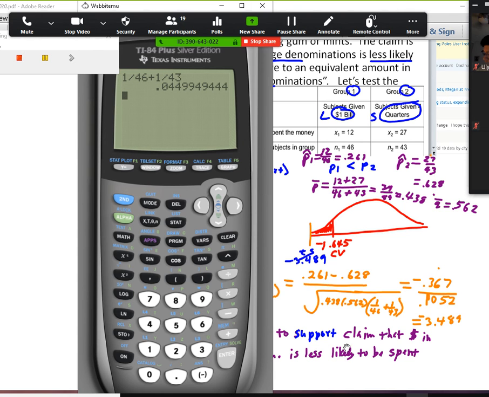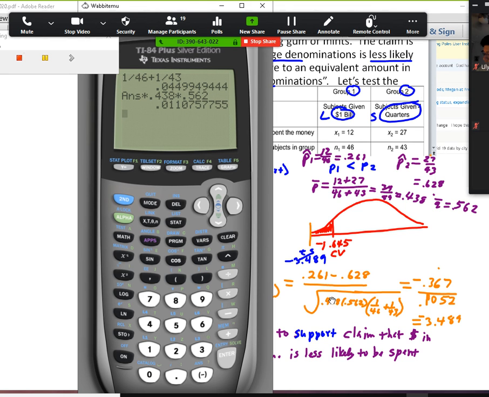That's that, and then multiply by 0.438 and multiplied by 0.562. Since those are commutative, it doesn't matter which one you do first. And I'm going to get 0.011076, and that's inside the square root.